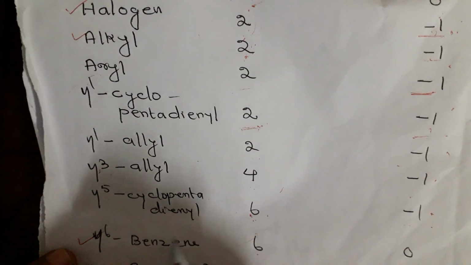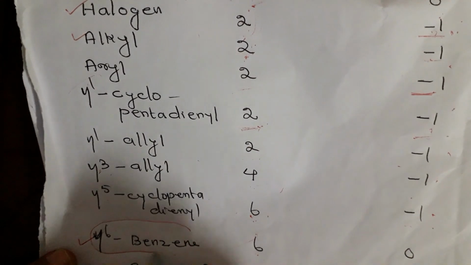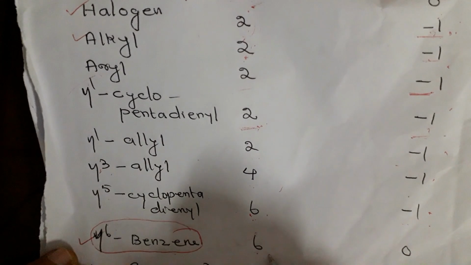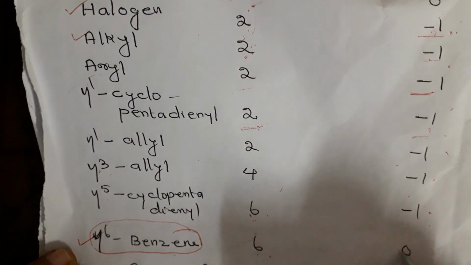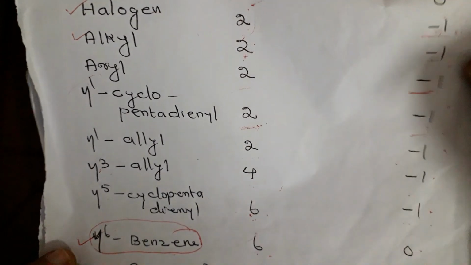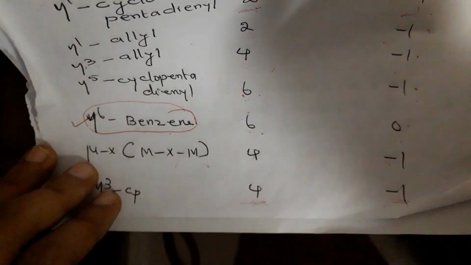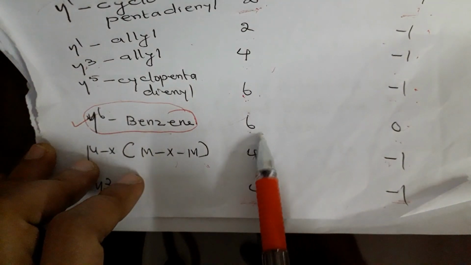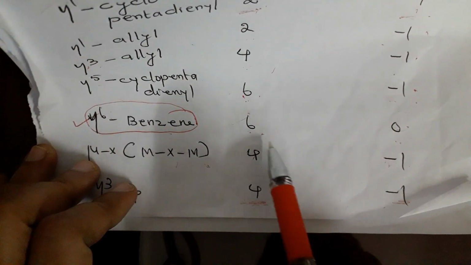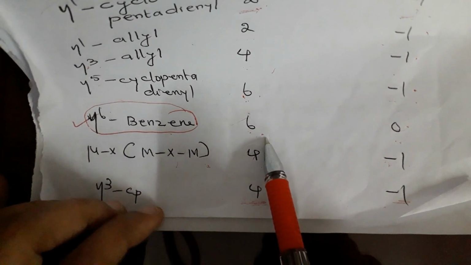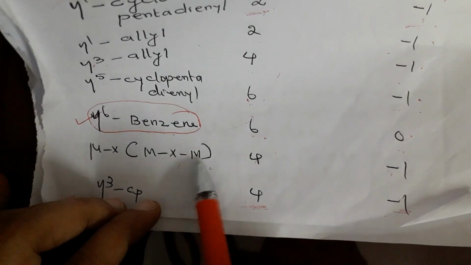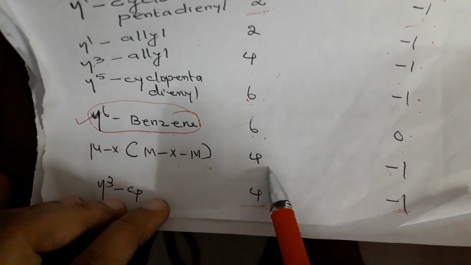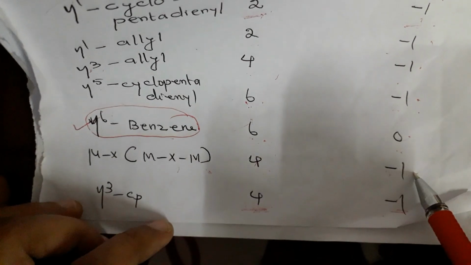But there is an exemption: eta 6 benzene, electron contribution 6, formal charge 0. This you note. Benzene's electron contribution is the same as the neutral atom method. Any halogen bridging group has electron contribution 4, formal charge minus 1.